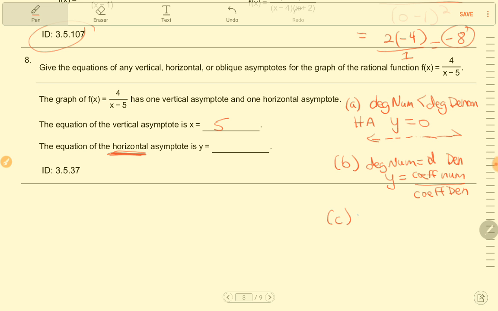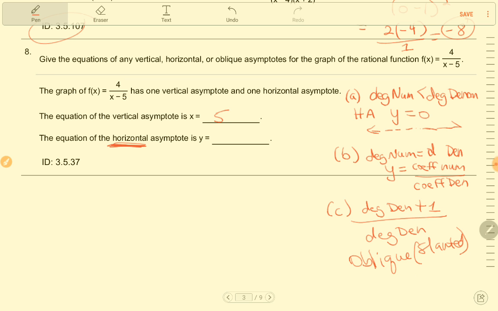Or you could have the degree of the denominator plus 1 in the top, so that the degree of the numerator is 1 more than the degree of the denominator, and then you would have an oblique or slanted instead of a horizontal asymptote.